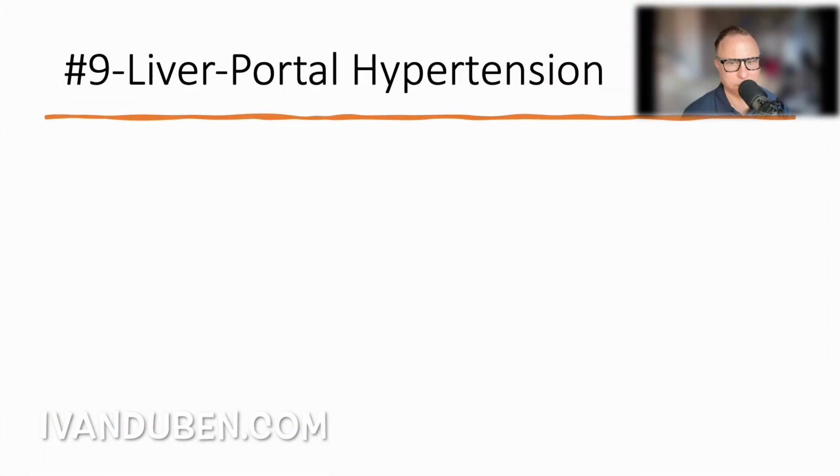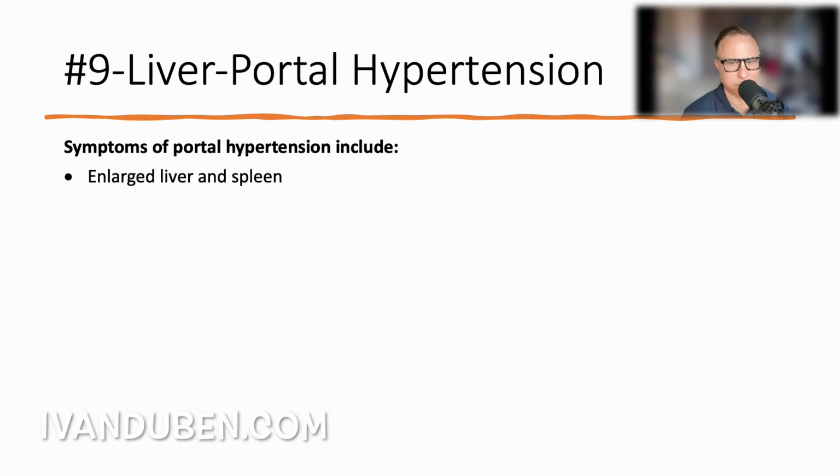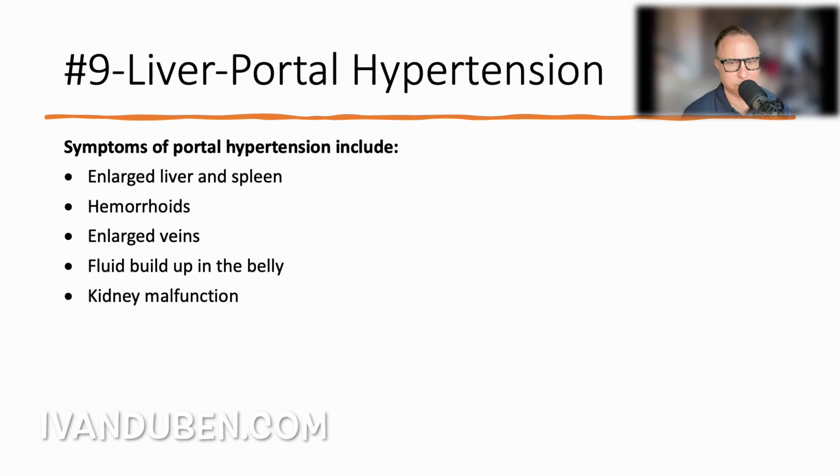When we talk about liver dysfunction and portal hypertension in particular, we want to keep in mind that anything obstructing blood flow through the portal vein back to the liver can lead to portal hypertension. According to the Cedars-Sinai Institute, some symptoms include enlarged liver and spleen, hemorrhoids, enlarged veins, fluid buildup in the belly, kidney malfunction, low platelets, fluid in the lungs, and internal bleeding.